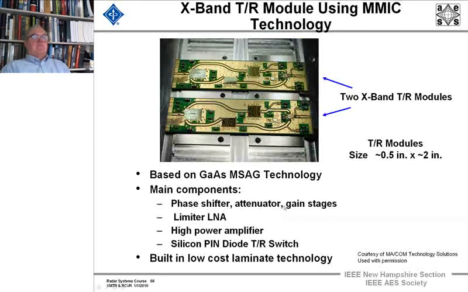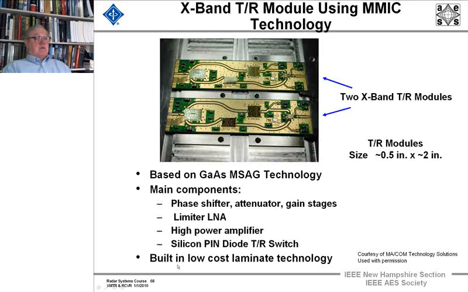And here's another example of X-band TR module technology using MMIC technology. This was also supplied by M/A-COM, and it's based on gallium arsenide technology. Its main components here are two X-band TR modules, each half an inch by 2 inches. The main components are a phase shifter, attenuator, gain stages, limiter, LNA, the high power amplifier, and silicon PIN diode TR switch.